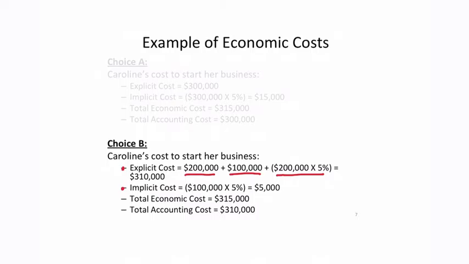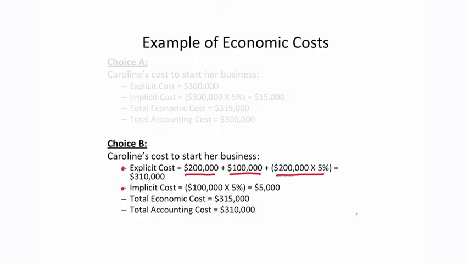Now, this is going to be important to keep in mind because as we move forward, we're going to talk about the optimal production points where we're maximizing our profits. We're going to be talking about maximizing economic profits, and therefore we're taking into account total revenue and total economic costs, which account for both the explicit and implicit costs.